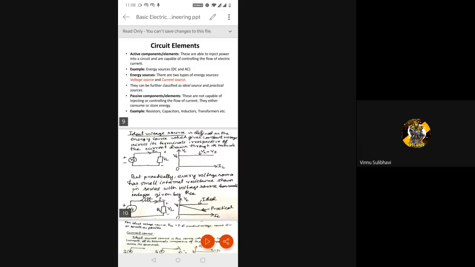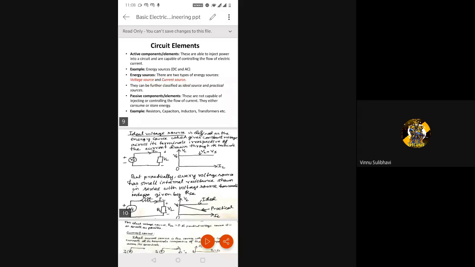Fine. In the previous class, I'll just revise this part because circuit elements is something that we are going to use for today's different types of connection. Today we are going to study the series connection and parallel connection.